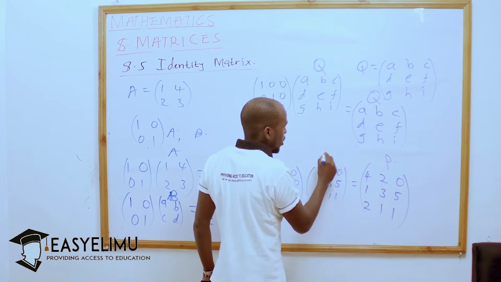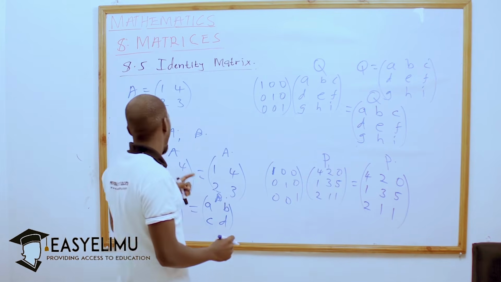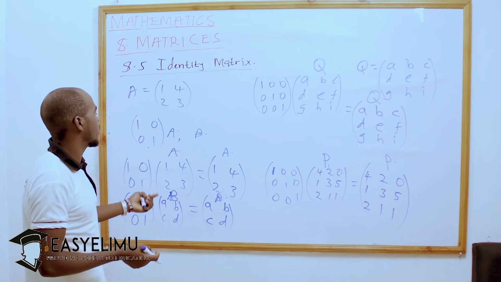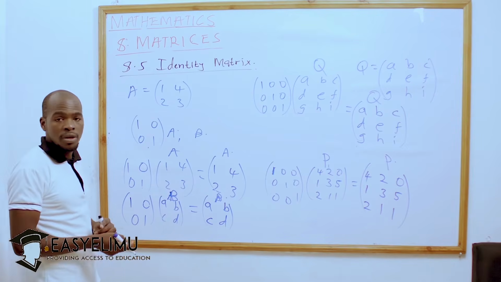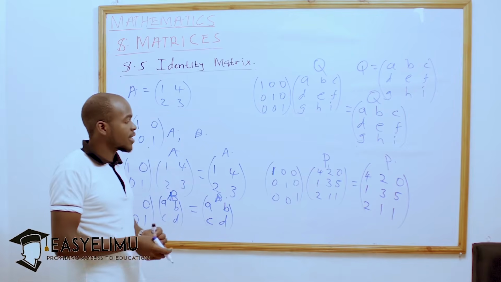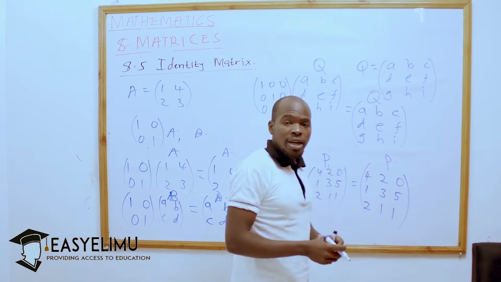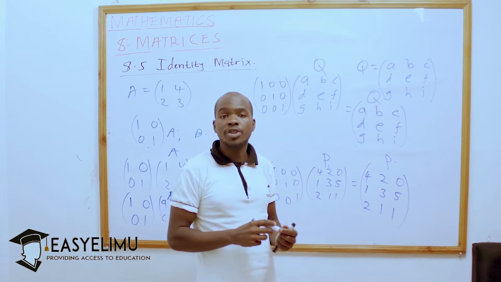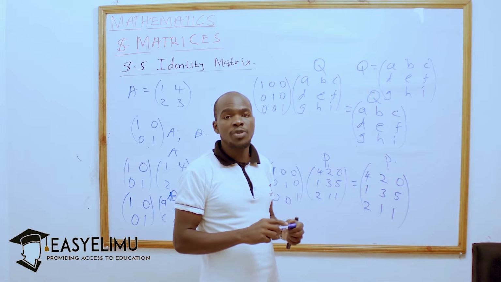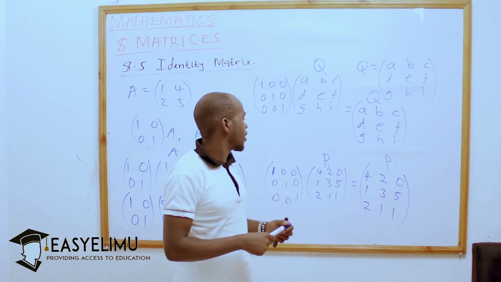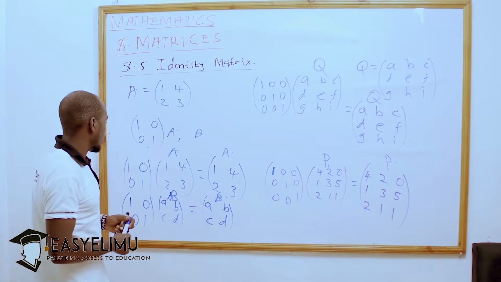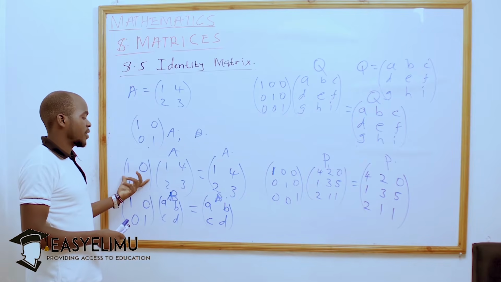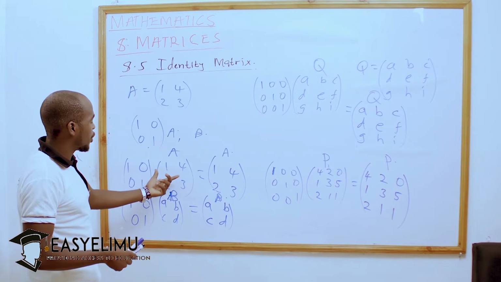So here P, we got it the same, and Q, we have got the same to A and also B. So from there we can say that a matrix which when multiplied by another matrix, you will still get the same matrix which you used. As for this case, we use this kind of matrix and we pre-multiply it.